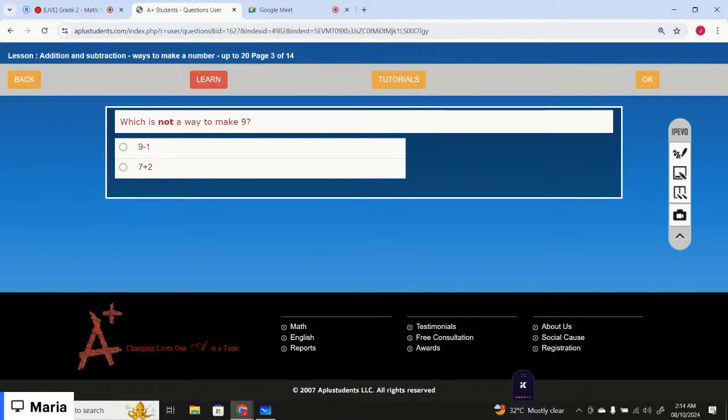The next one is which is not a way to make 9. So which is the correct option? Not a way to make 9 means the one that doesn't make 9 when solved.